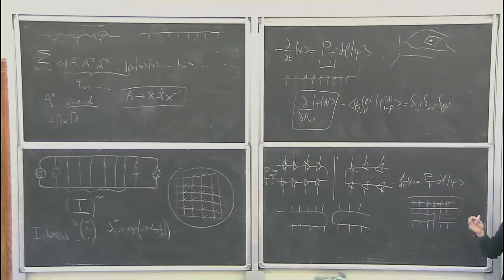All these methods only differ in the way you do the splitting. If you have a differential equation which is a sum of many terms, there are many ways of splitting it. For example, if you have a translation invariant Hamiltonian, like a Heisenberg model, you could first evolve with all the XX terms, then with all the YY terms, because they all commute with each other, and then all the ZZ terms.